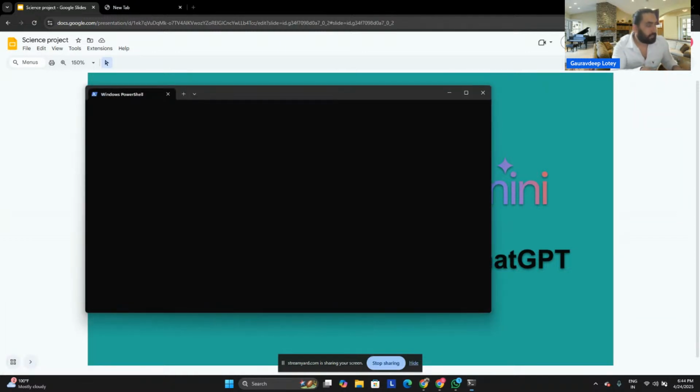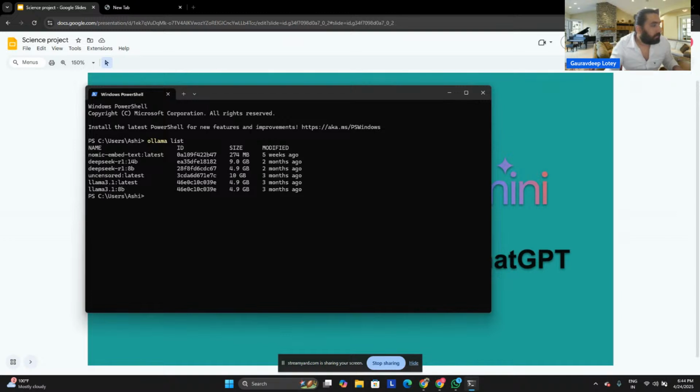Let me just check if those are available on my list. So yes, if you see, I have downloaded an uncensored model, which is again a part of the Llama. And if I try to ask this model how to even create a bomb, it won't hesitate to give you the recipe of a bomb.